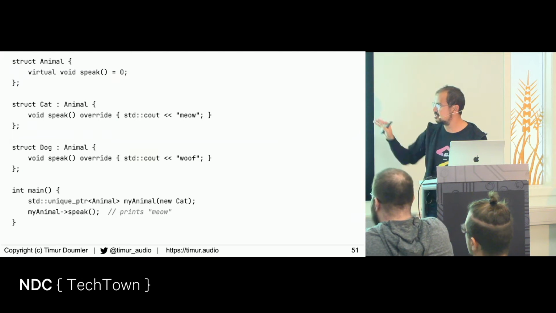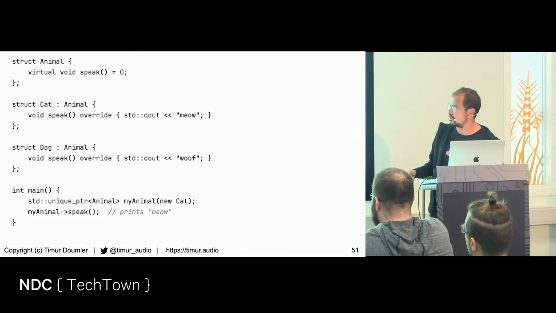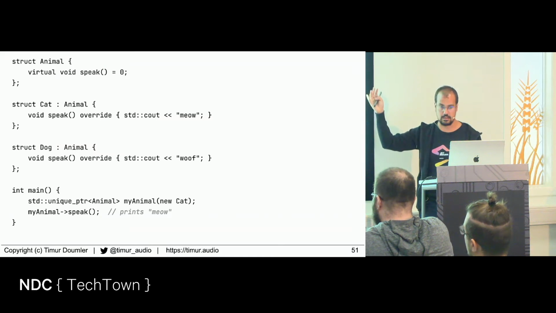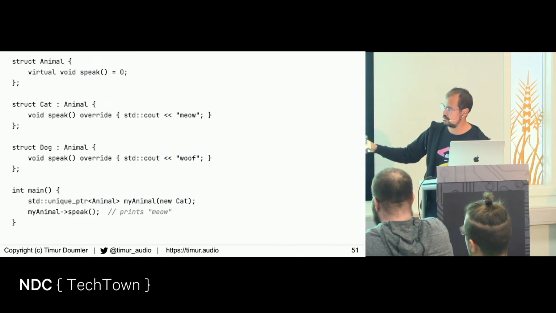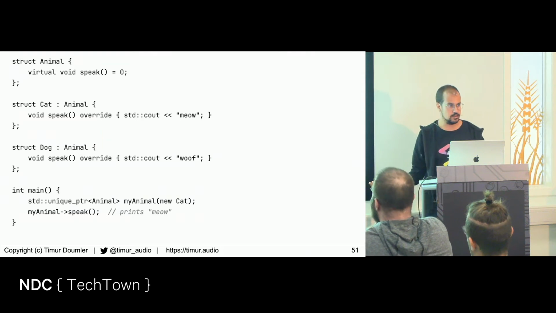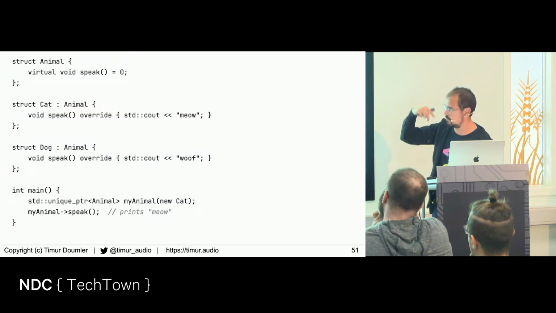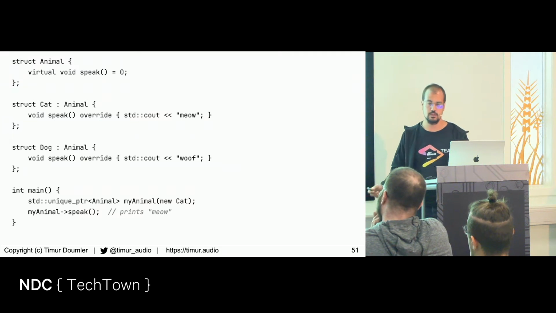Everybody knows this. You're going to find this in every programming book. And you have a reference or a pointer to an Animal, and it's going to call the right thing. If you do it like this, you have a runtime virtual function dispatch, right? So you're going to pay a runtime cost for this. You're going to have virtual function dispatch, pointer indirection, and so on.